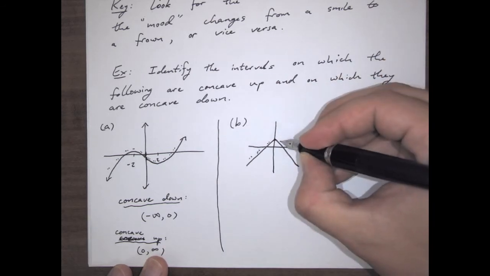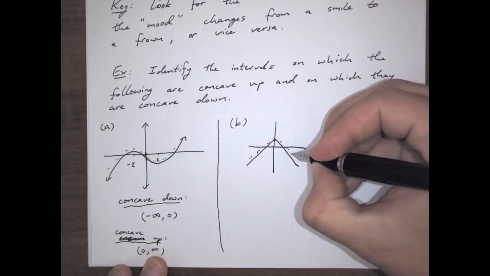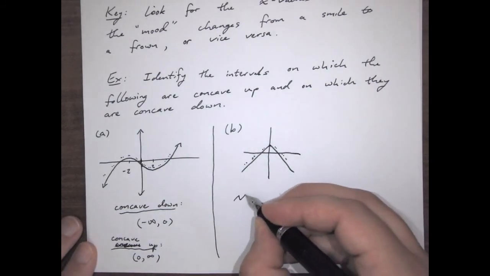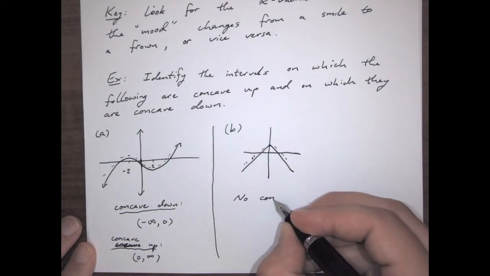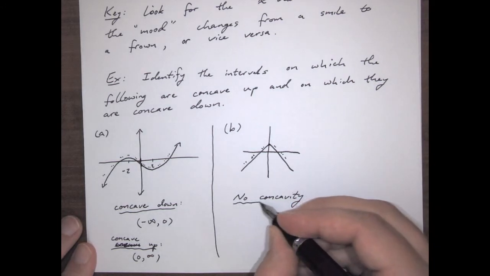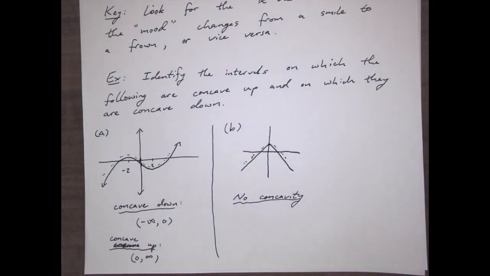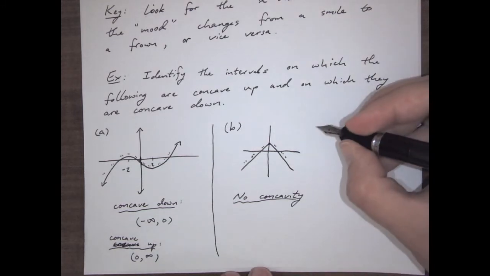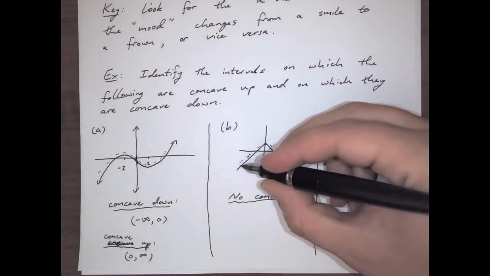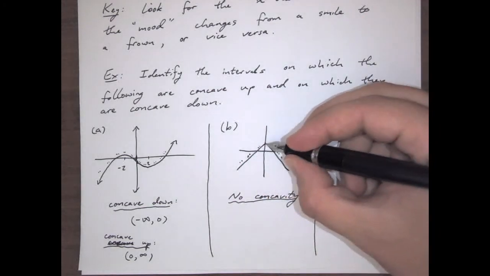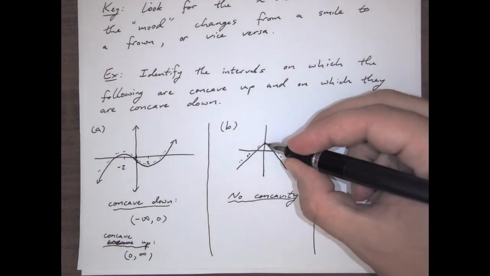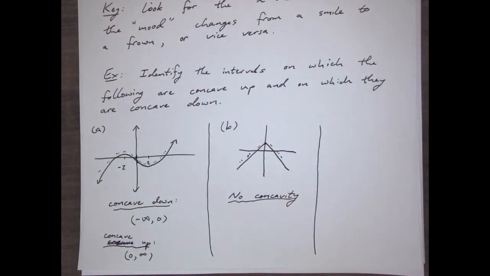Same here. It has no concavity anywhere. And the reason is its rate of change, its slope, is always constant. It's constant, it's undefined right here, and then it's constant again. So it's constantly positive, not defined, and then negative.